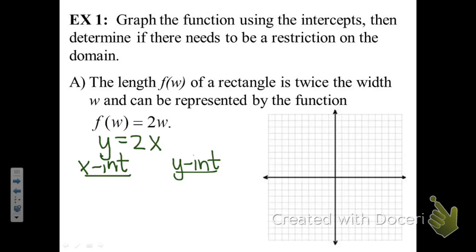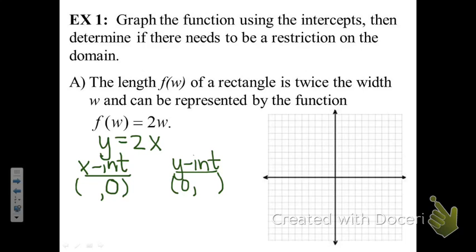If you can remember, when we are trying to find the x-intercept, the y value is 0. However, when you're looking for the y-intercept, the x value is 0. And we're going to use that information and plug that into our equation y equals 2x.